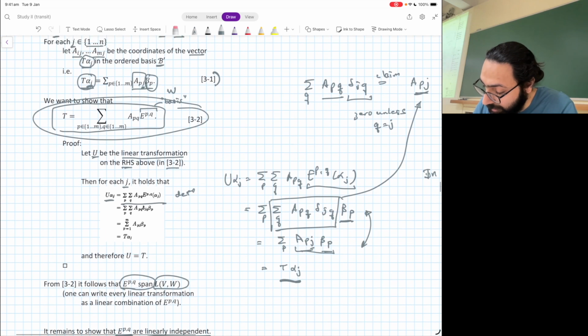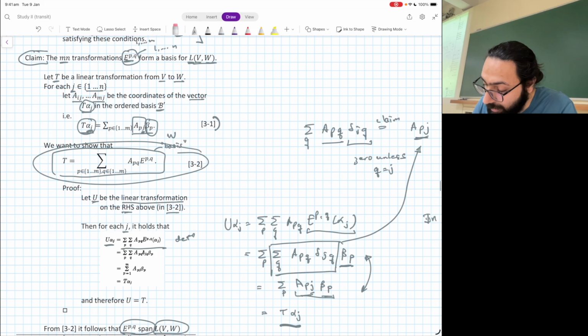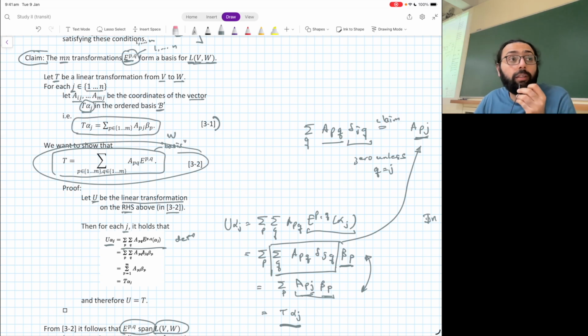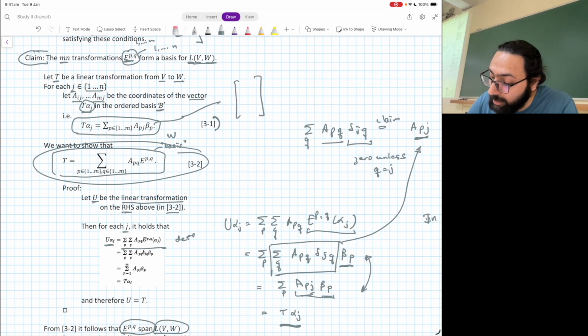Remember T alpha j was this object, and what does that mean? When you write the coordinates, these are going to be A1j, A2j, and so on. Now what they're saying is you put this into a matrix. That's what they're calling the capital A matrix, A1, whatever the index is, AM.